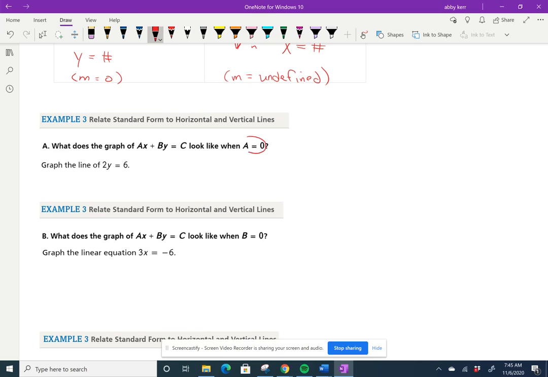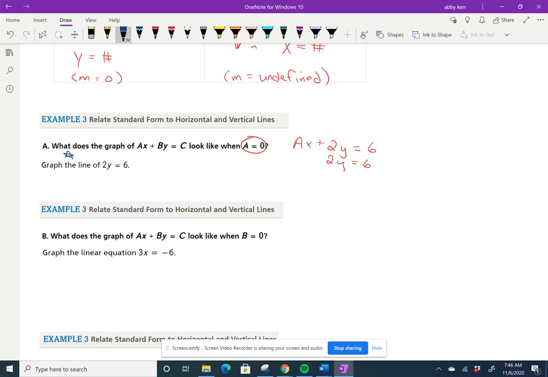So for example, if we have this equation, Ax plus 2y equals 6, and we say A is going to be 0, that looks really funny to write 0x. I've been telling you all year that we don't write it because 0 times anything goes away. So then 2 times anything is 0. We don't need to write it. So that's how they got this equation right here, 2y equals 6.